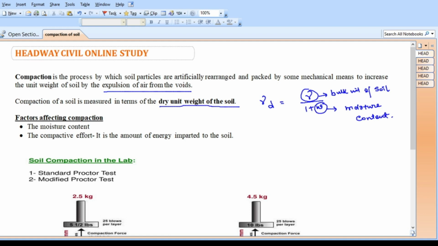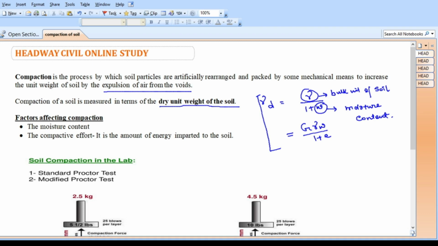There is another equation of gamma D that we know: gamma D equals G into gamma W divided by 1 plus e. These two equations will be required while finding out the compaction curve and doing problems on compaction.